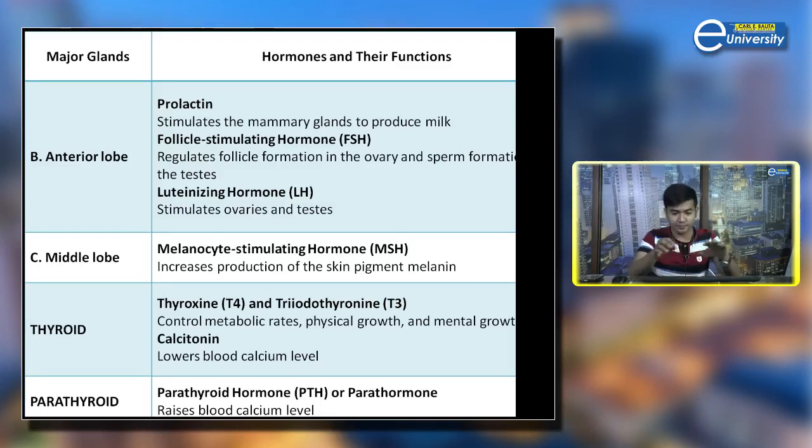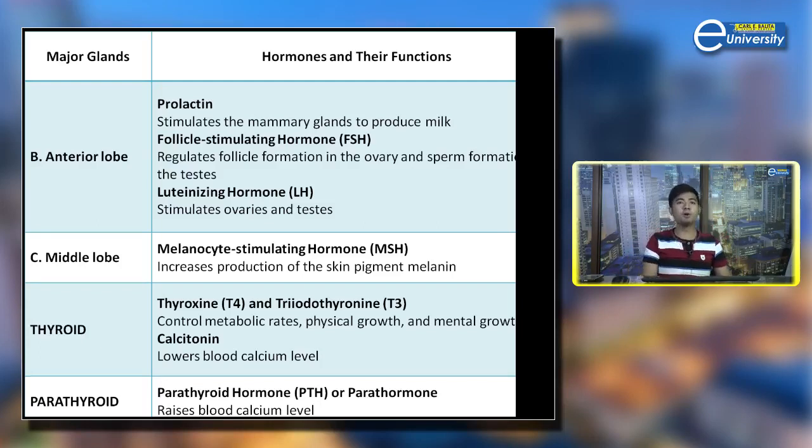Next is the thyroid. The thyroid releases thyroxine or T4 and triiodothyronine. The main function of thyroxine is for metabolism, while calcitonin, which is also released by the thyroid, is responsible for lowering blood calcium level. Next, we have the parathyroid.